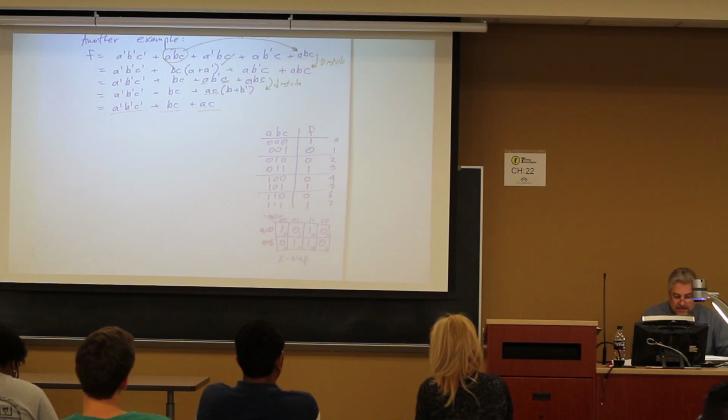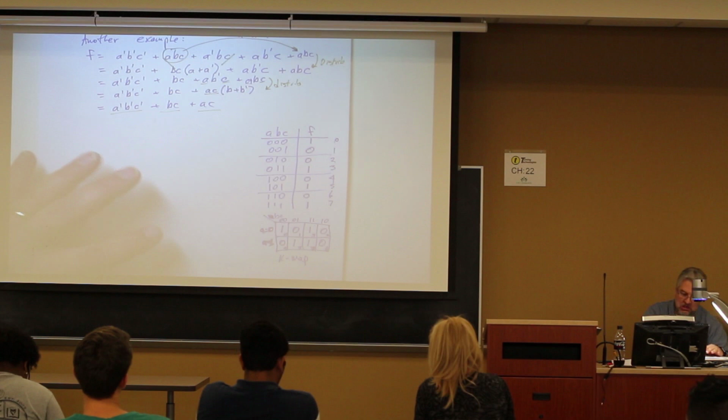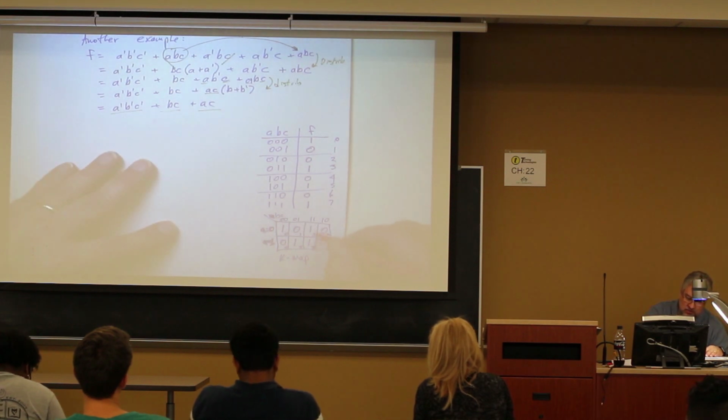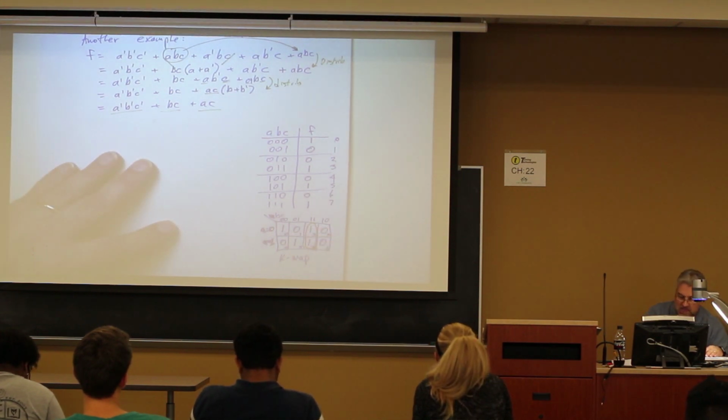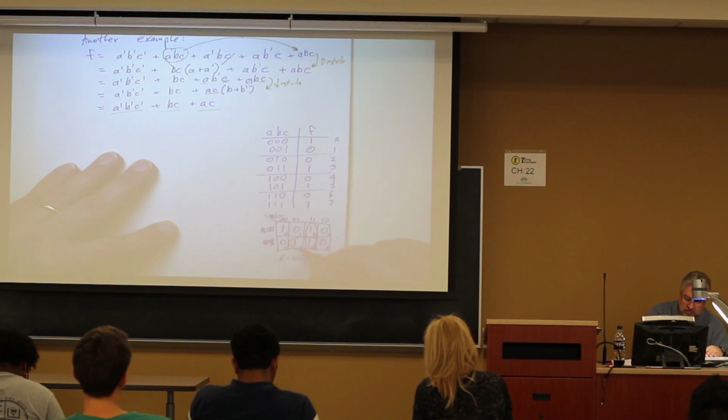All right. And so to minimize, I know I could visually look at my K map, and if I could group these ones together, I could actually minimize my equation. And it turns out that I could group these two together, and I could actually group these two together.